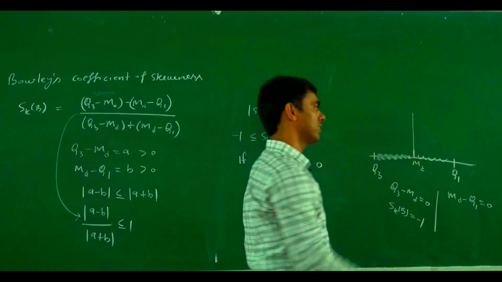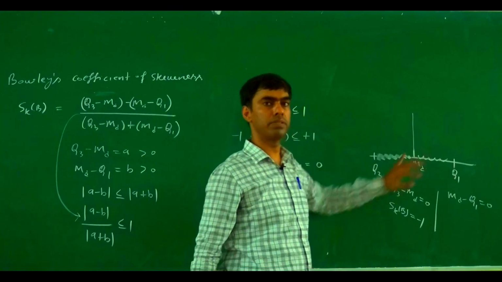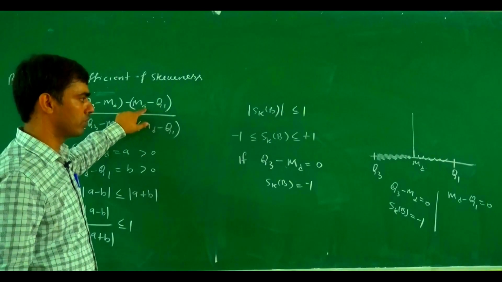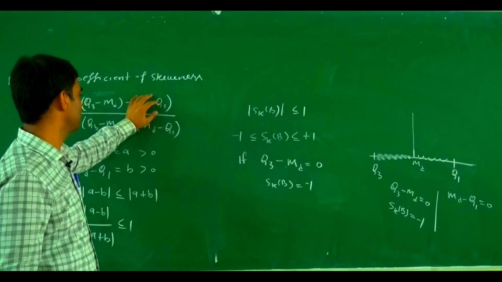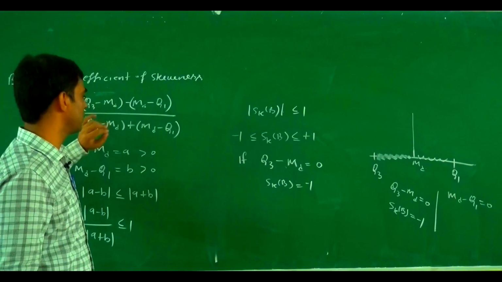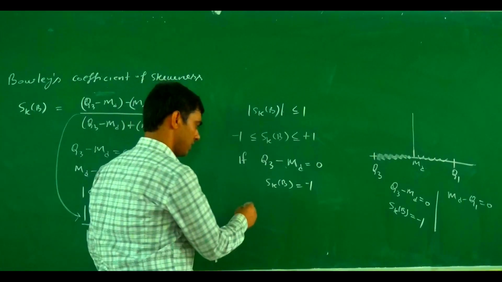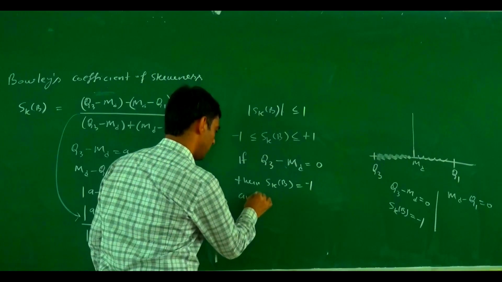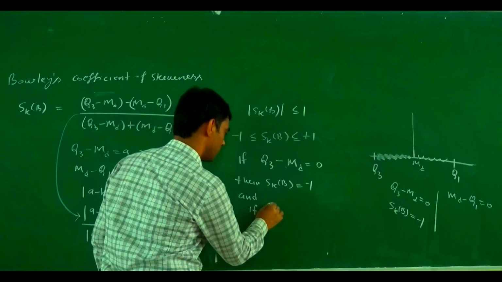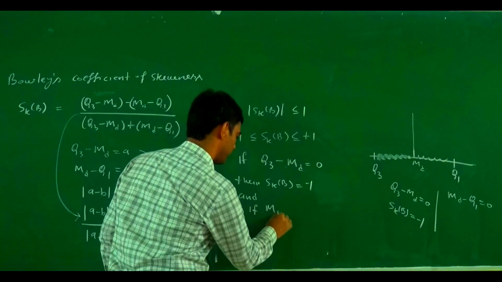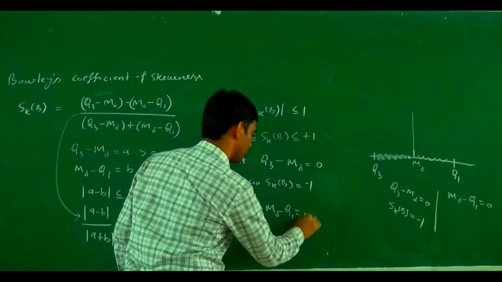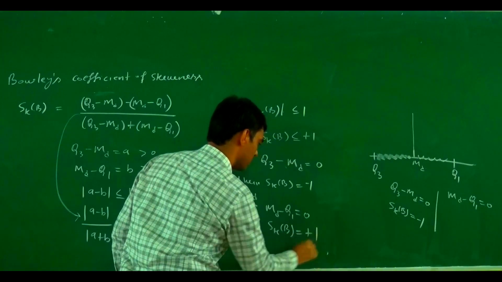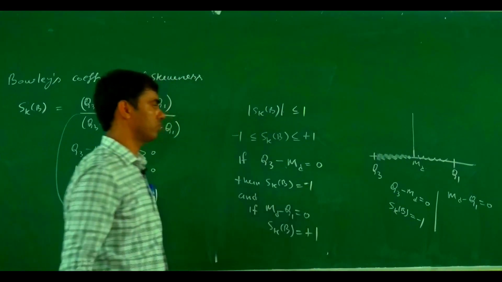If we plot a frequency curve, this portion does not present, then MD minus Q1 equals 0. So if MD minus Q1 equals 0, then SKB equals plus 1, and this one is minus 1.